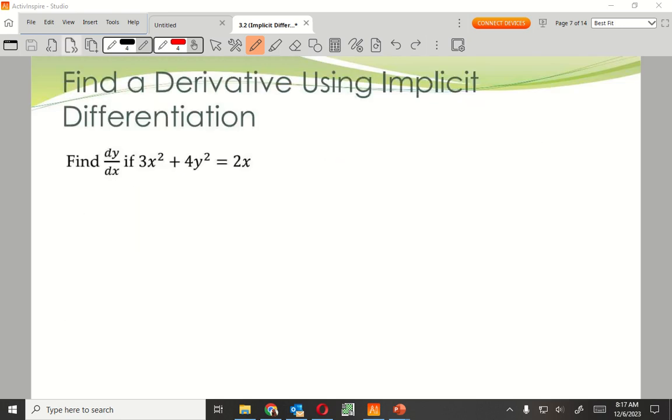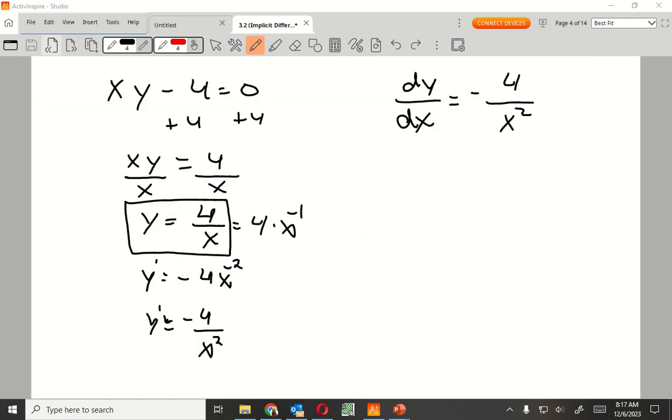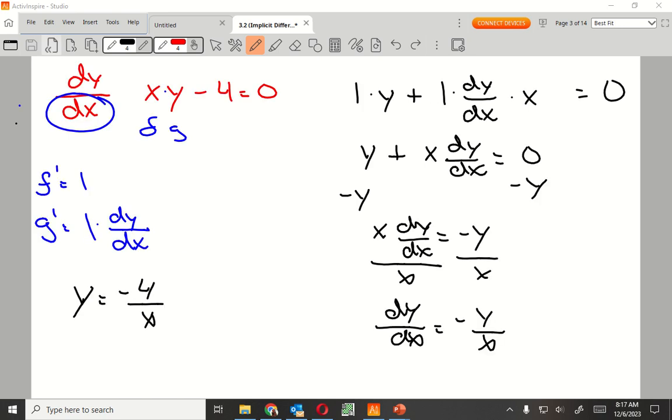There we go. Okay, so y is equal to 4 over x. I'm going to substitute that. I'm going to replace the y in this over here with the value that I have there.